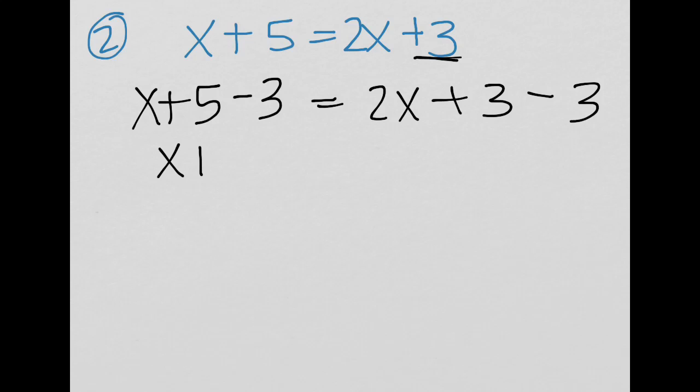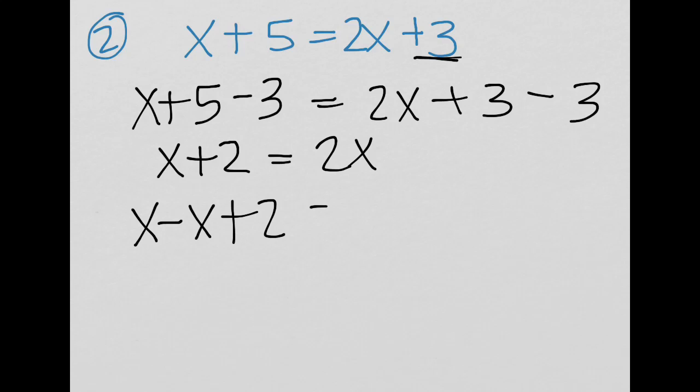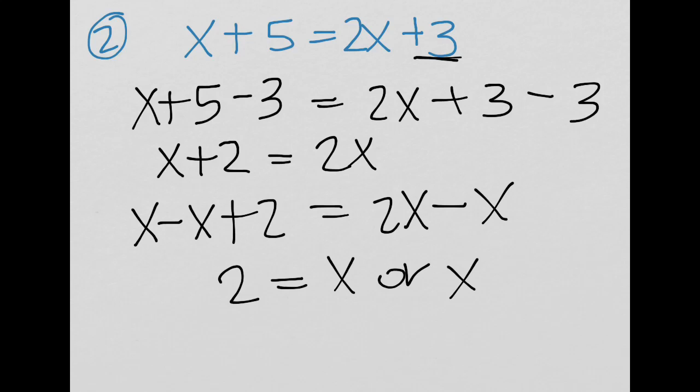This simplifies to x plus 2 is equal to 2x. But I need to isolate the variable, which means I need to get all the variables on one side and all the numbers on another side. So I'm going to subtract x from both sides. So x minus x plus 2 is equal to 2x minus x, so I have 2 is equal to x, or that's just x is equal to 2.